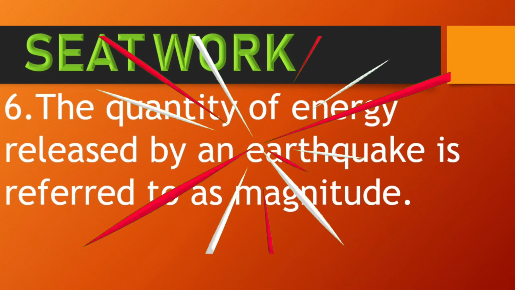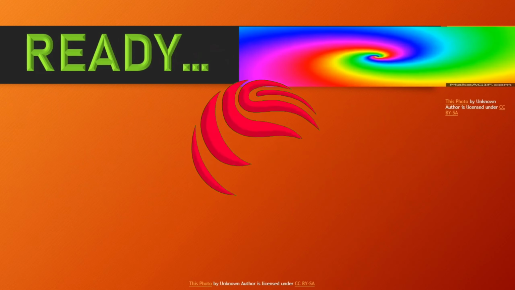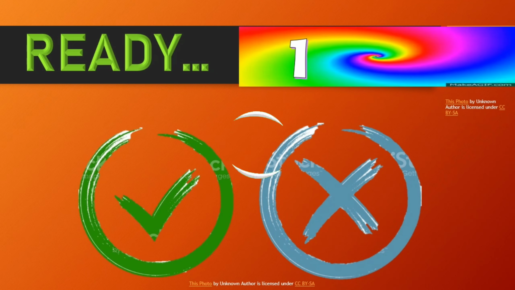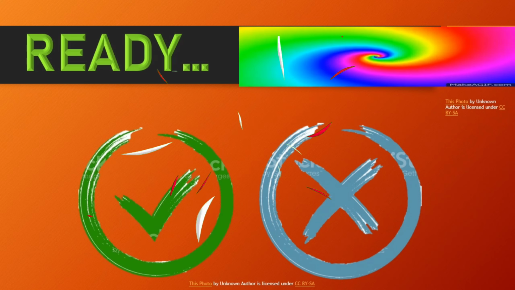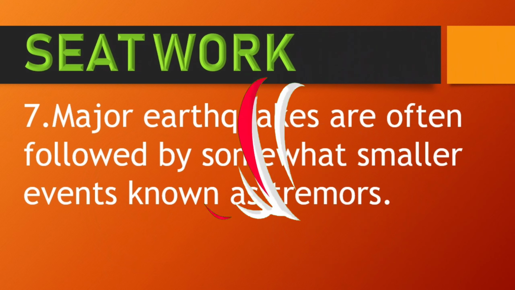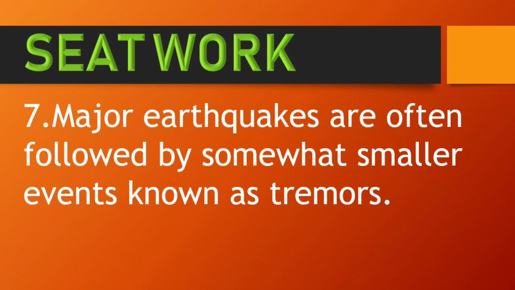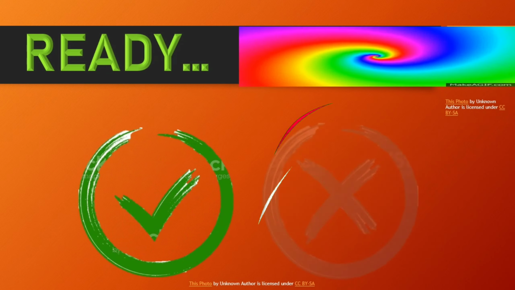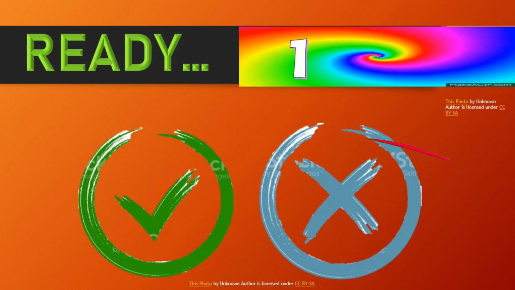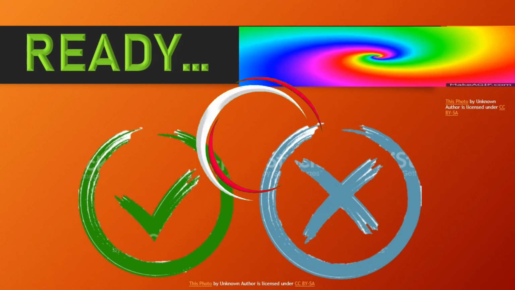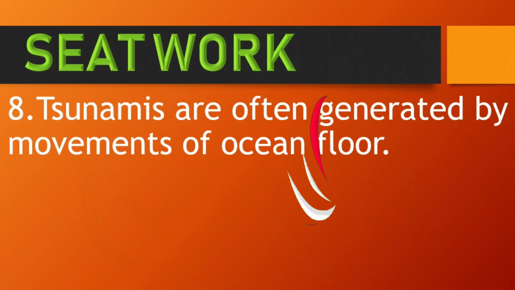The quantity of an energy released by an earthquake is referred to as magnitude. 7. Major earthquakes are often followed by somewhat smaller event known as tremor. That is wrong. It is aftershock.